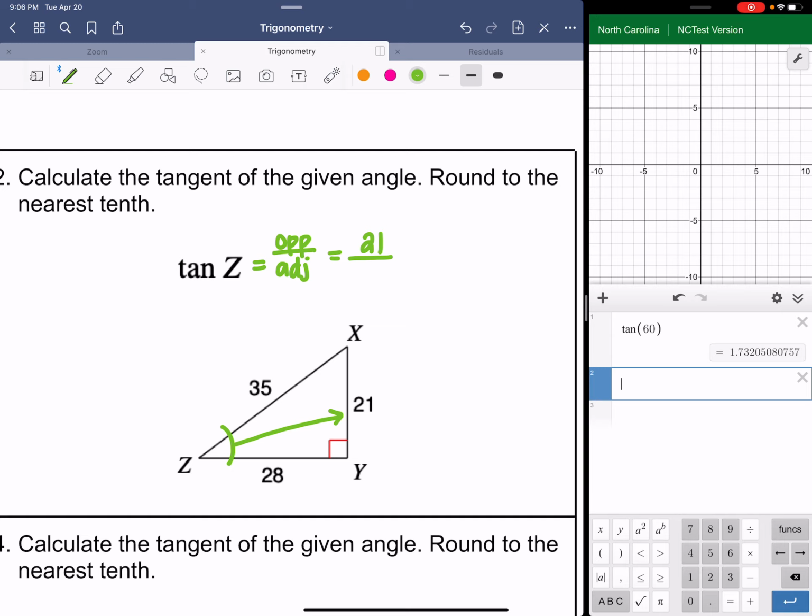The adjacent side is going to be 28. Okay, so we had opposite over adjacent. Now to calculate that value, we're just going to divide 21 divided by 28. And that gives us 0.75. We're rounding to the nearest tenth, so that's 0.8.